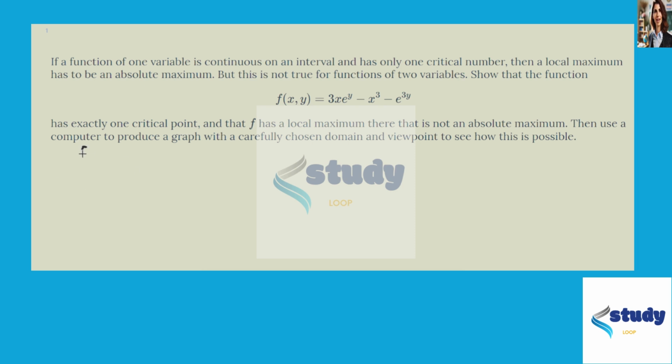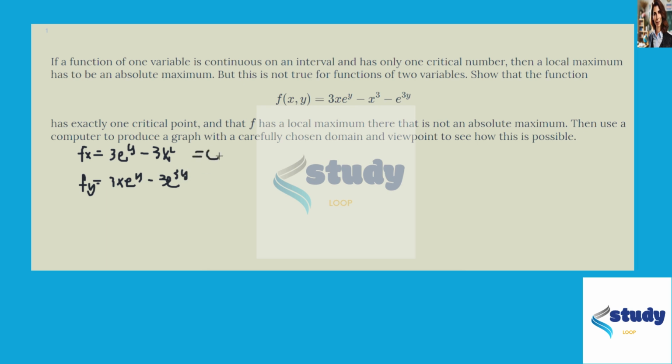So first, we compute the partial derivatives. Partial f, partial x is equal to 3 e^y - 3x^2. Partial f, partial y is equal to 3x e^y - 3 e^(3y).